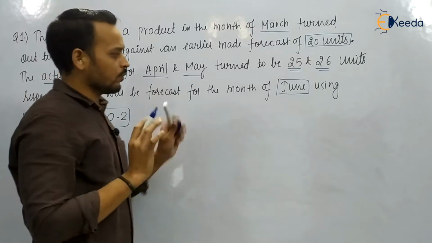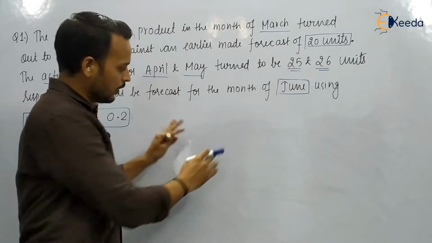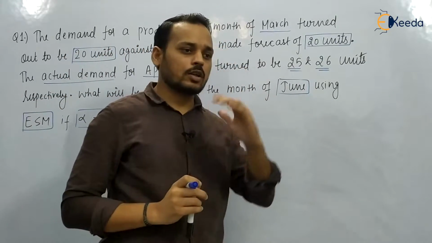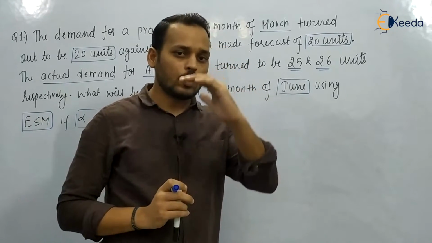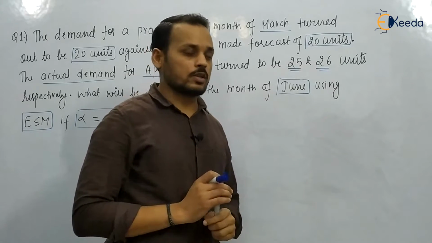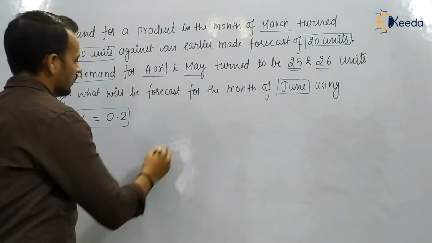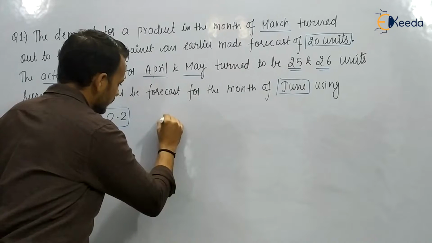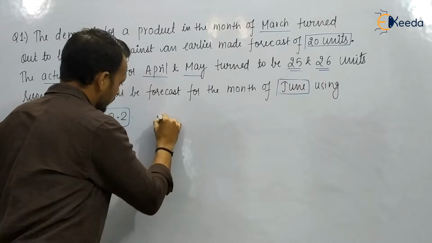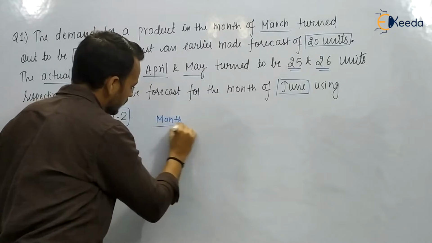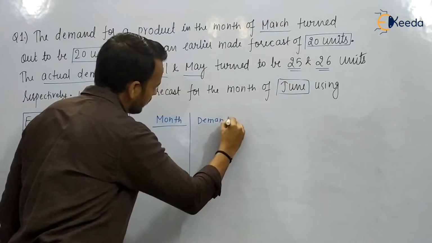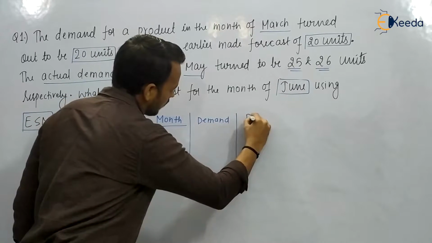So you know how to calculate this. We will make a table for this question. In the ESM method, try to list the different data in the form of a table, then you can calculate. First we will write month, then the actual demand, or simply the demand data, and the forecast data.